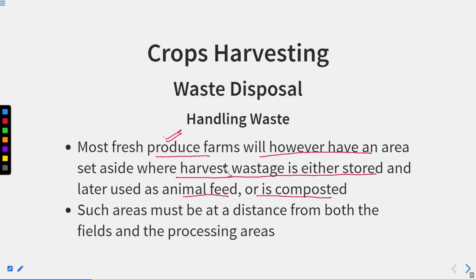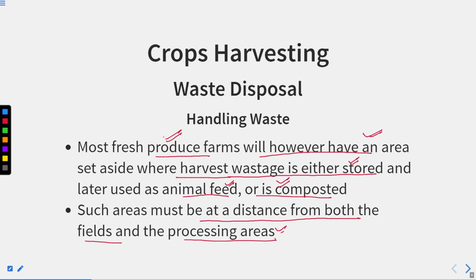After the harvesting there is a lot of wastage: broken twigs, leaves, fruits that got damaged, lying on the orchard land or the field. That should be collected and placed in an area, stored there, and later it can be used as animal feed, and if you do not have animals, then it can be used for compost.